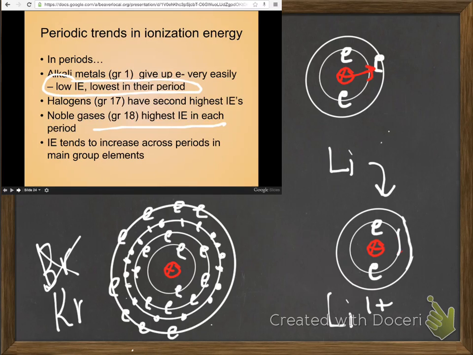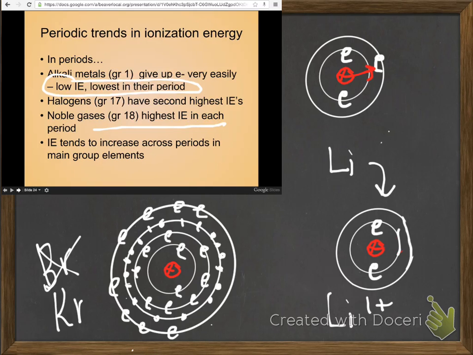There's more electrons. More electrons on the outer shell, so there's greater pull. They're pulled in more tightly. Well, if something is being pulled more tightly, it's harder to strip off.